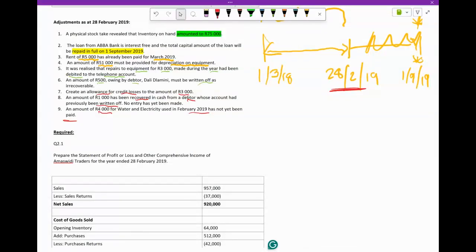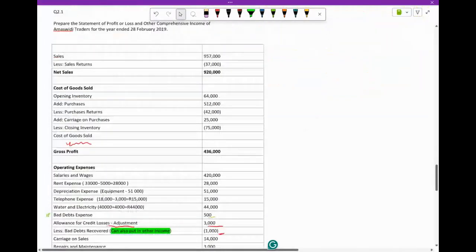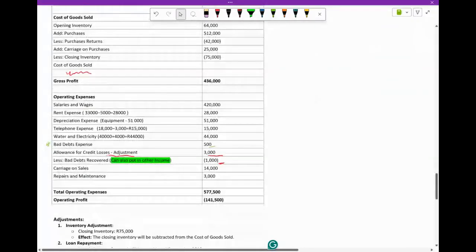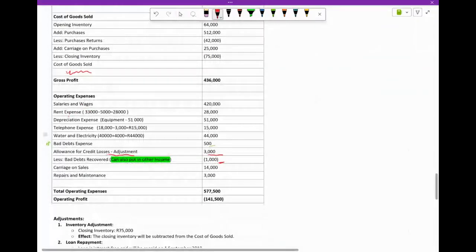Here we're only concerned with water and electricity. So we're adding it to the previous balance of 40,000, giving us 44, and that's what we're plugging in our income statement. Then you just do your calculations and you get your net profit or your net loss. Any questions there?